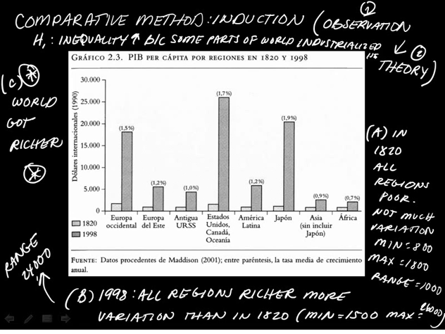So we will spend time in the near future on step 3 of this particular hypothesis. Hopefully this gives you a little bit of an intuition about the comparative method using induction, where we use observations in order to create our hypothesis. Observation here is preceding our theory. And that's all I have for now. All right.